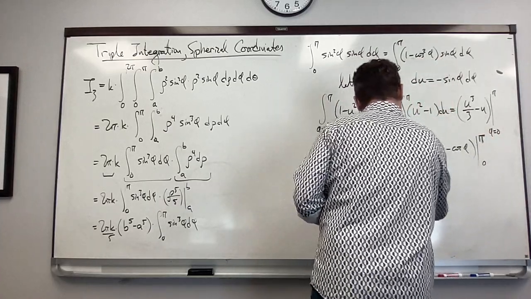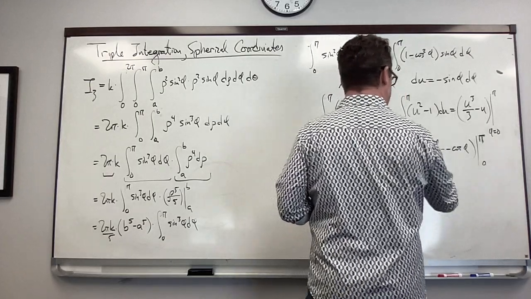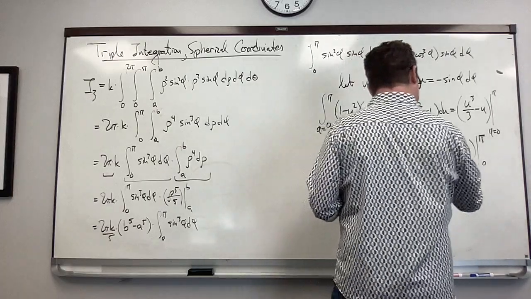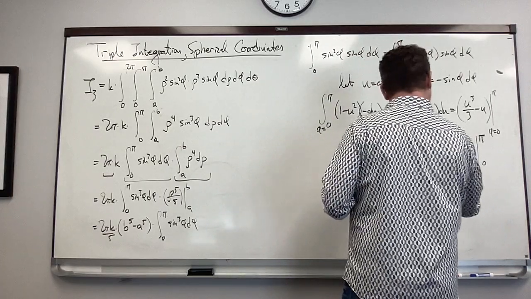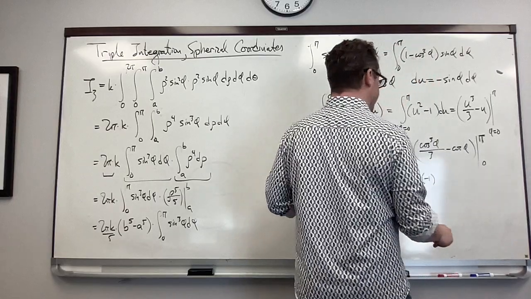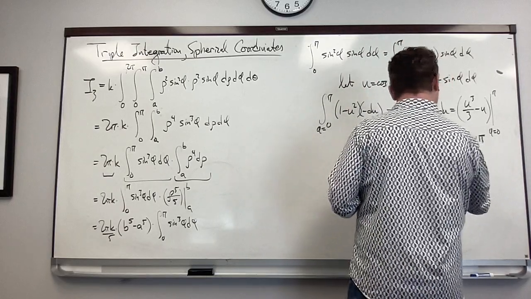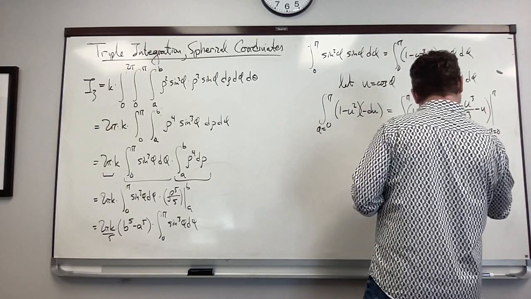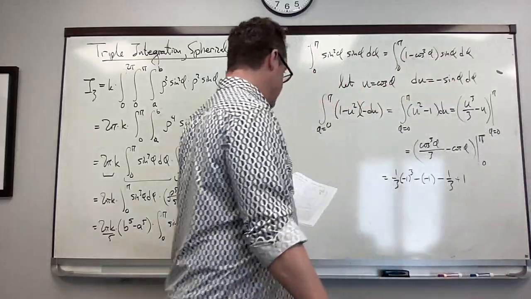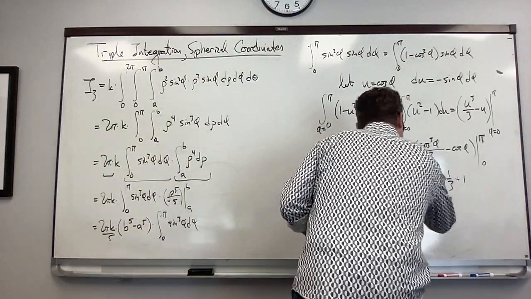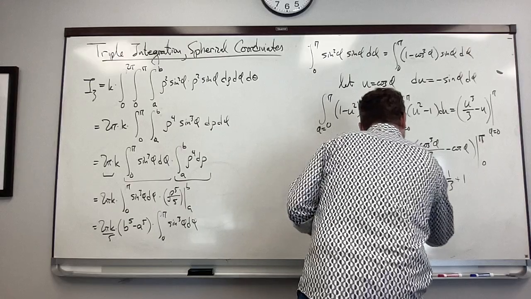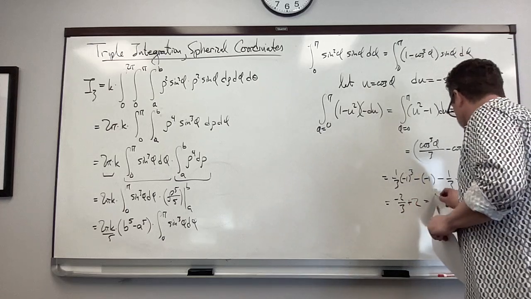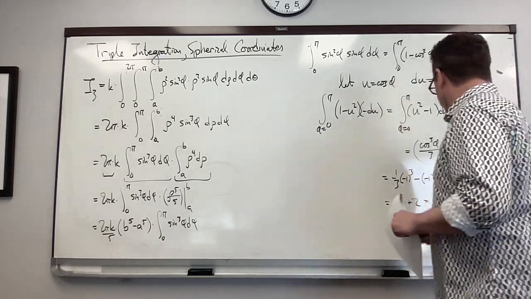This becomes 1 over 3 times cos of pi, which is minus 1, to the third, minus 1, and then minus 1 over 3, and then plus 1. So this is minus 1/3, so we have minus 2 over 3 plus 2. That's equal to 4 over 3: 6 over 3 minus 2 over 3, so 4 over 3.